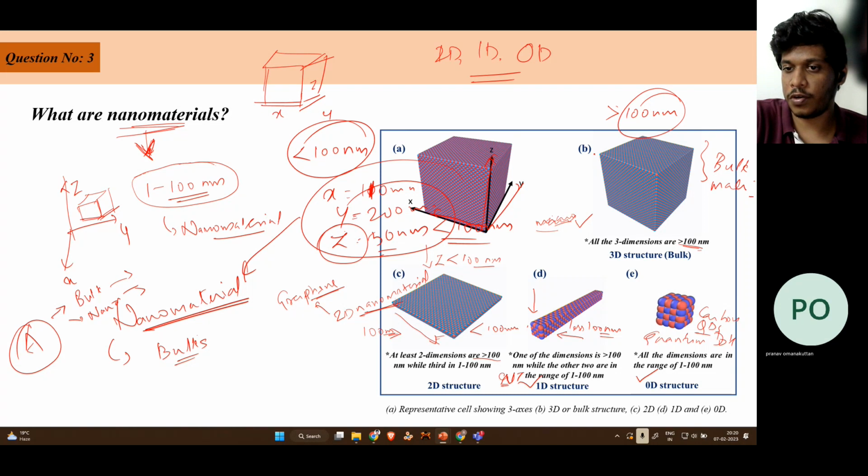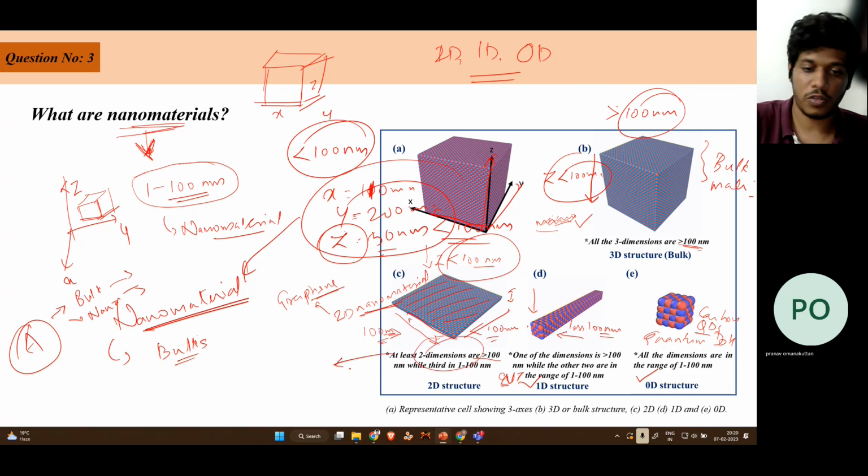Now suppose we reduce this Z axis such that Z becomes less than 100 nanometers, then we get a sheet-like structure with the Z-axis less than 100 nanometers and the other X and Y directions greater than 100 nanometers. So this corresponds to a two-dimensional material. An example of a two-dimensional material is graphene.